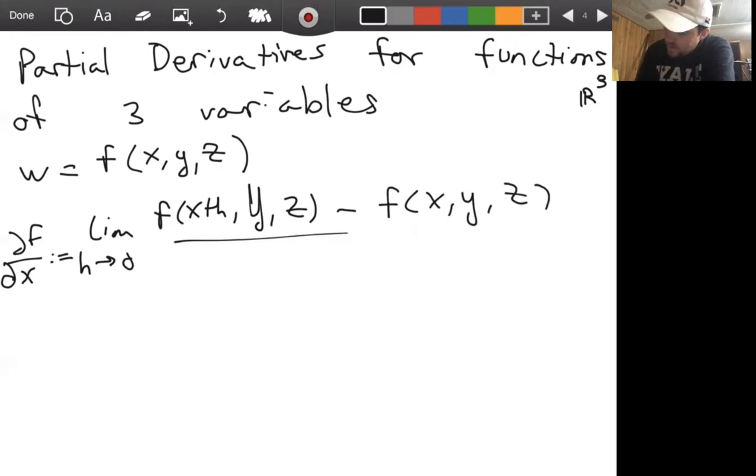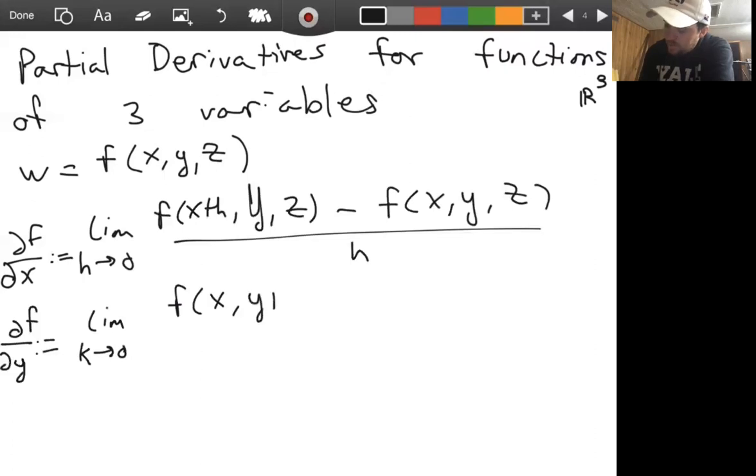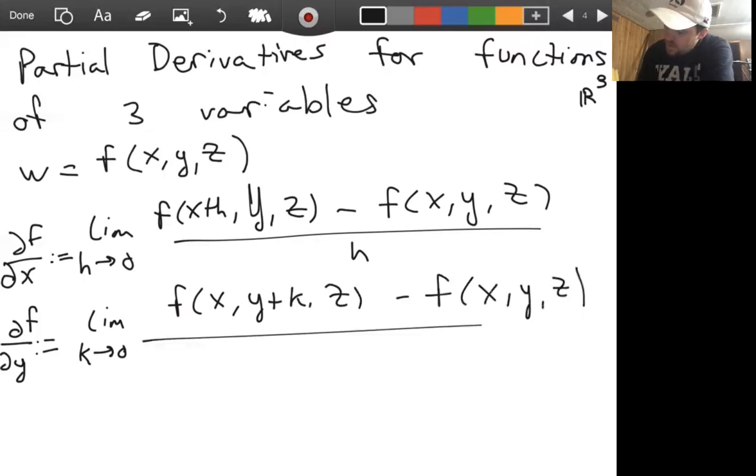all over h. And then the partial derivative of f with respect to y is the limit as k goes to 0 of f of (x, y plus k, z) minus f of (x, y, z) all over k.